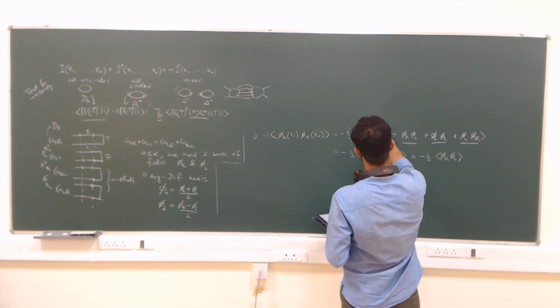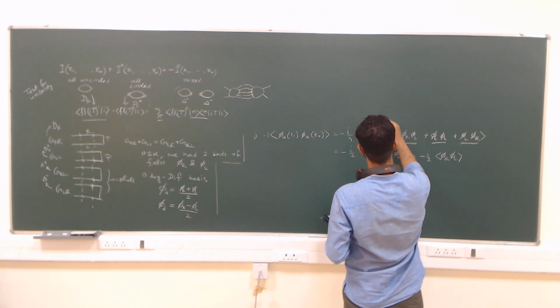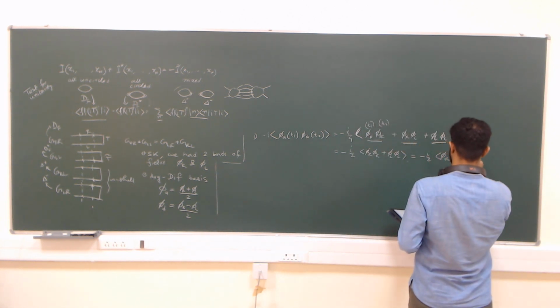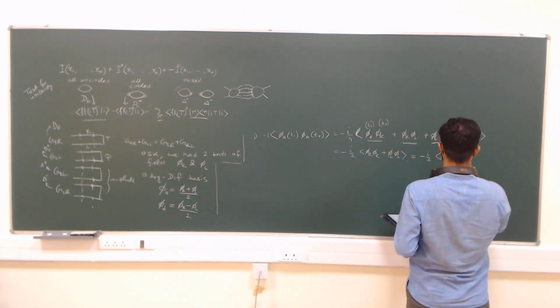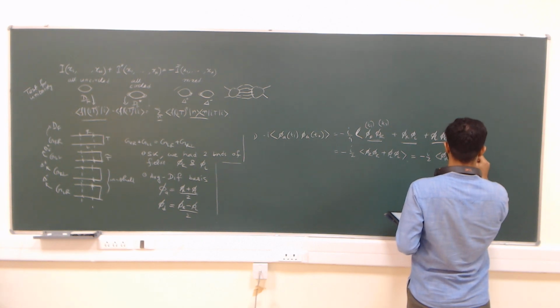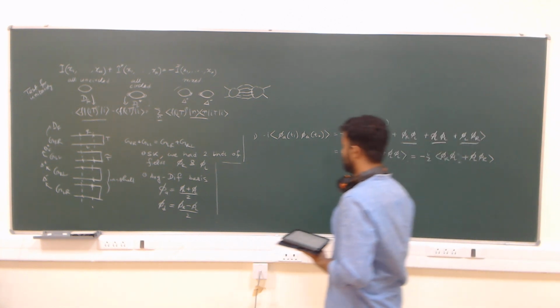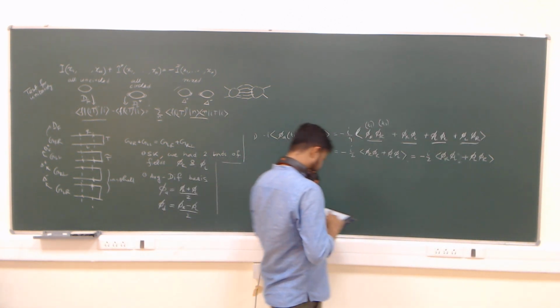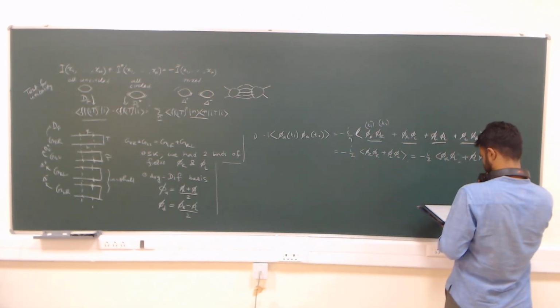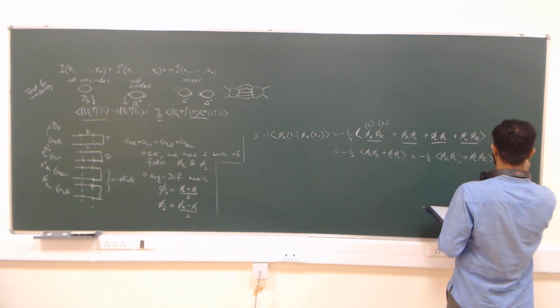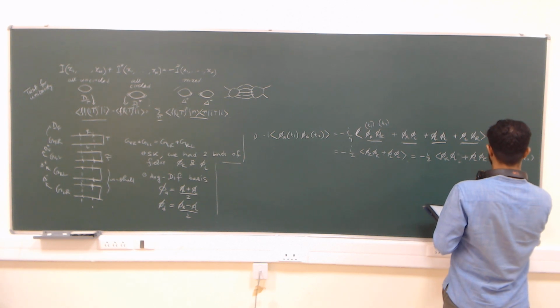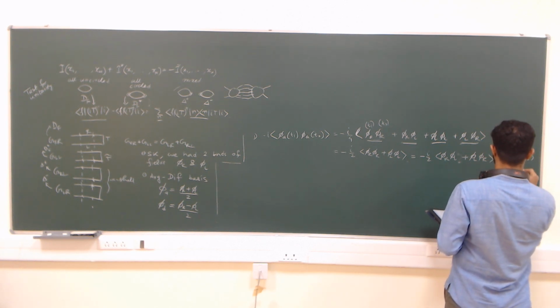So the first term of each case is Q1, the second one is Q2. This is typically called the Green's function in this basis.